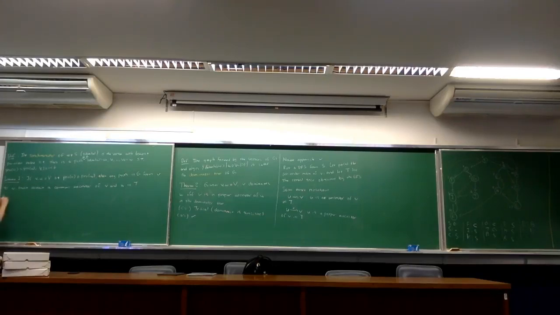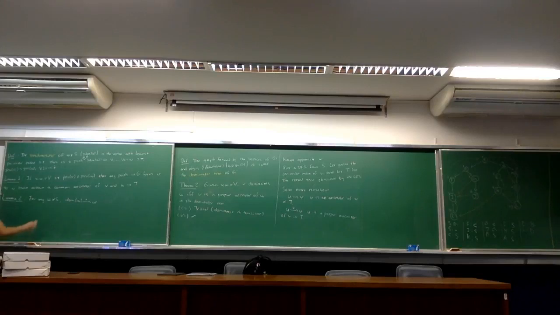Number 2. The idom of W is a proper ancestor of W in the DFS tree. This is pretty straightforward, right?